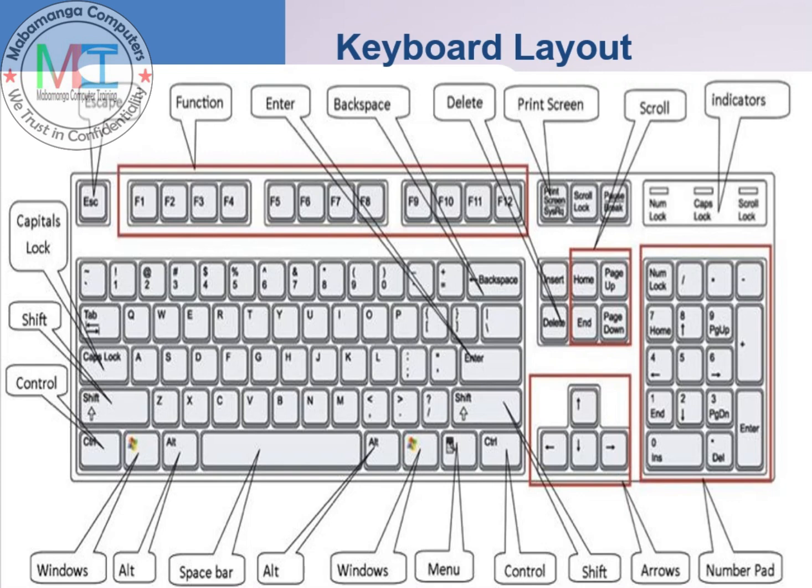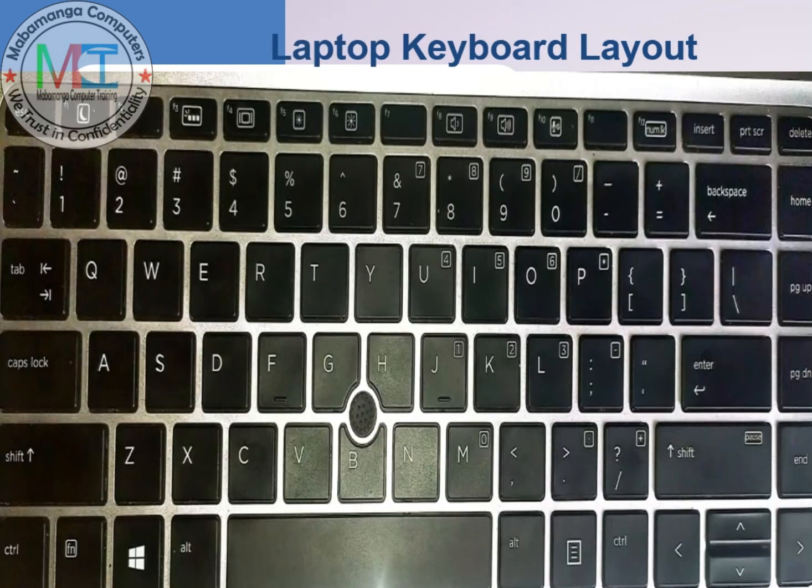Aside from this, let's quickly look at a laptop keyboard. This is a laptop keyboard I have before you at this moment. As you can see, these are the home keys that we are talking about, and these are the arrow keys. You can see these navigation keys. We have Print Screen.